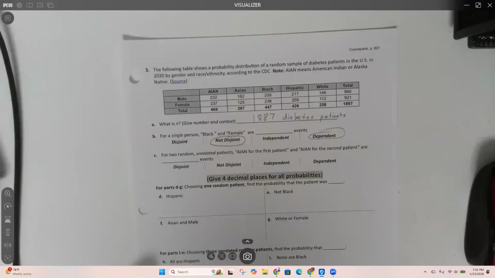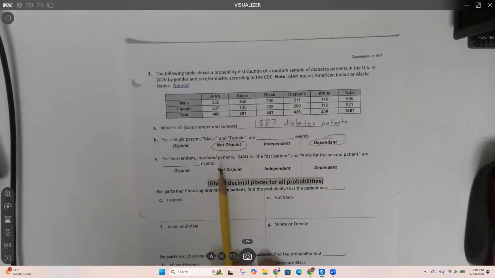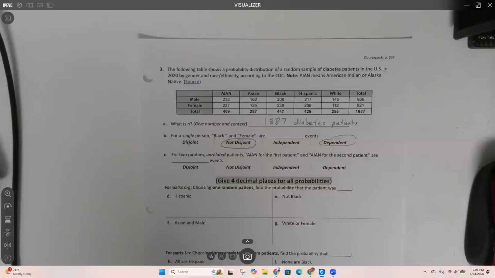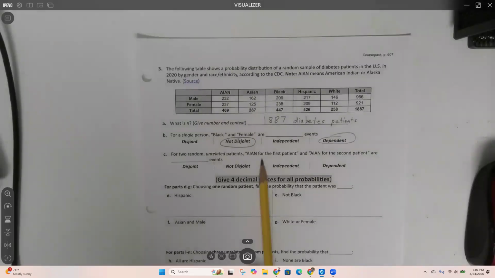For two random unrelated patients, AIAN for the first patient and AIAN for the second patient, are those disjoint or not? If the first patient is American Indian, can the second patient also be an American Indian?